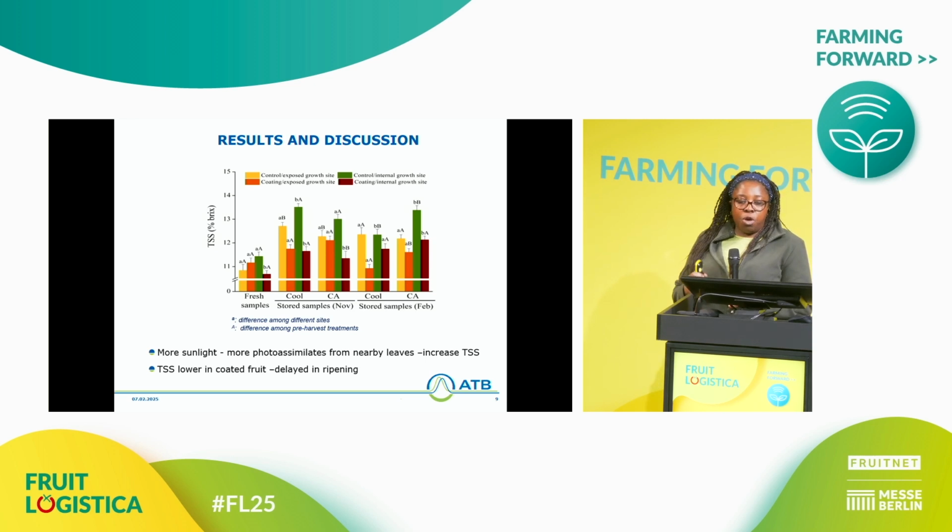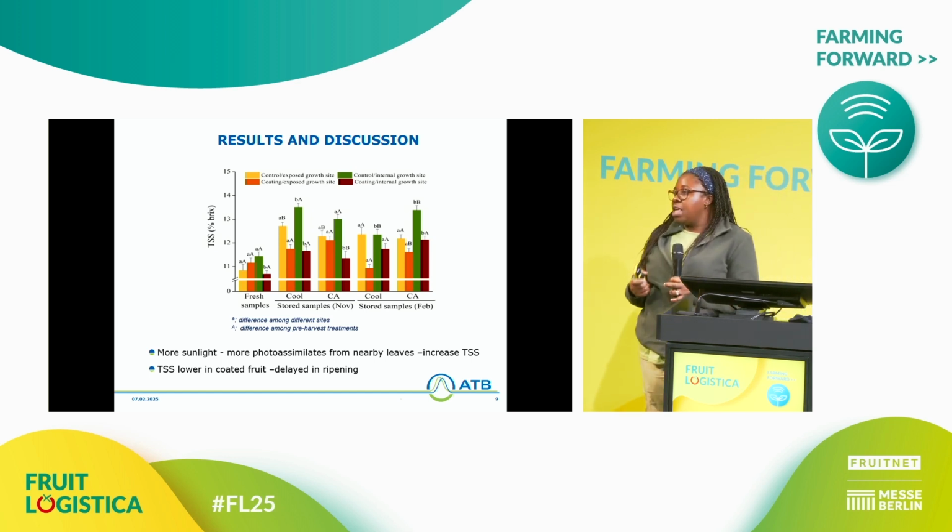But what can be noticed here is that fruit that were shaded had lower total soluble solids, lower sugar content, even after storage. That is probably due to the delay in ripening. In other words, a delay in the biosynthesis of carbon products.